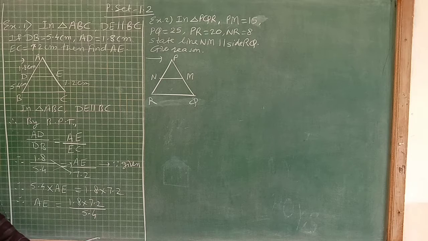Now we have to move the decimals. If you move one digit from right to left here, do the same here. That means you have to move 2 digits in the numerator's place. So 18 into 72. And if you move the numerator 2 digits to the right, then the denominator also you have to move 2 digits to the right.